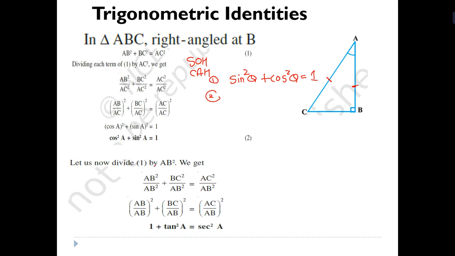Now if we divide the Pythagoras equation, AB square plus BC square is equal to AC square, by AB square, we get AB square upon AB square plus BC square upon AB square is equal to AC square upon AB square.